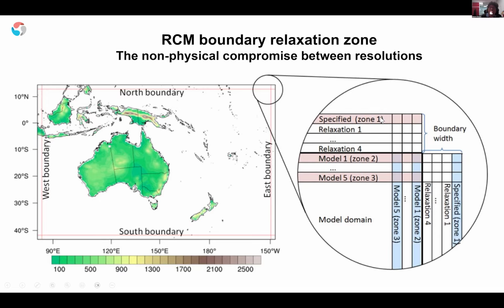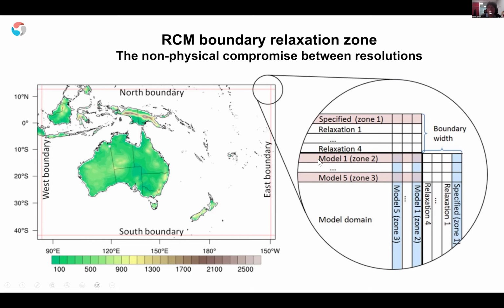And the outermost row or column, which we call here the specified zone, is information which is exactly coming from the global model. So it is at the low resolution that the global model has. Okay, so it's kind of this smoothed out view of what the atmospheric state is.